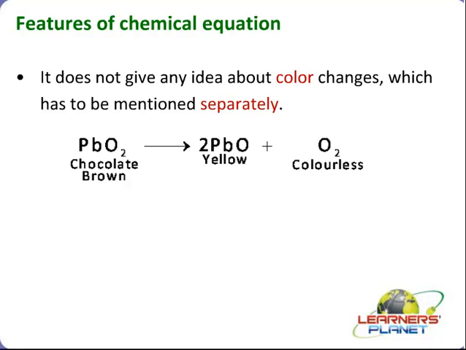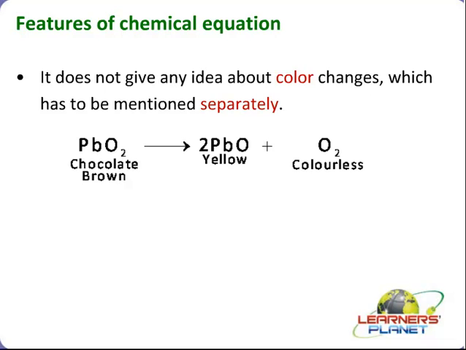So a simple chemical equation doesn't indicate any change in color. So in this equation, students, we have written the colors separately, like lead oxide, chocolate brown color, and PbO, that is also a form of oxide.